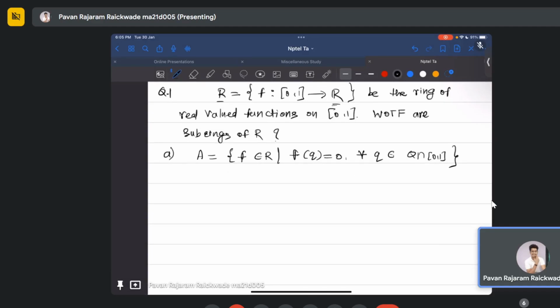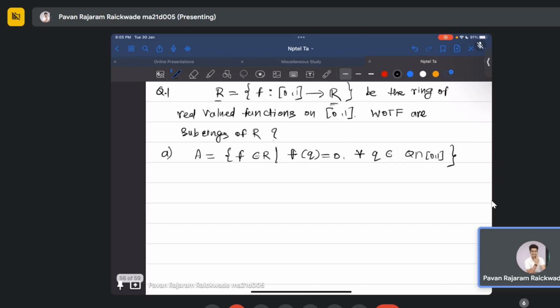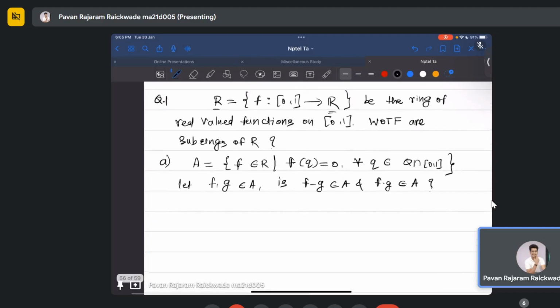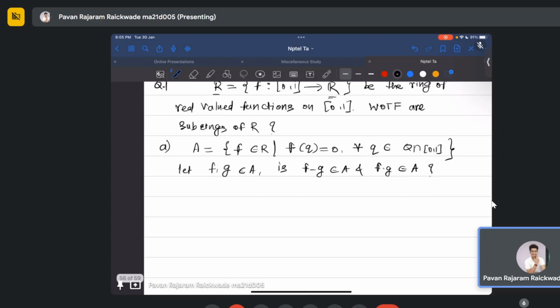What do we have to check? That if f and g belong to A, then f minus g belongs to A and fg belongs to A, right? If I verify these two, then I can tell whether A is a subring or not. So let's see what happens for f minus g.